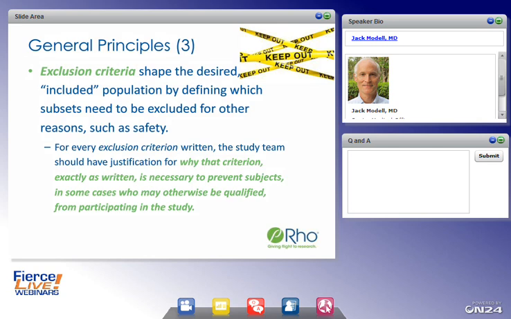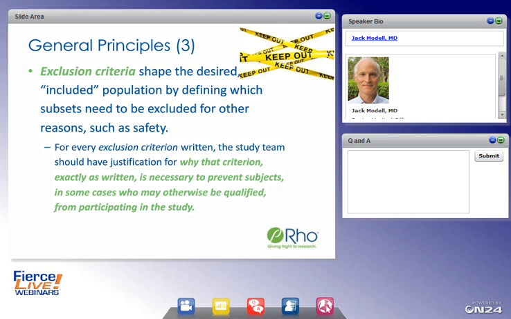And like for every inclusion criterion written, for the exclusion criteria you now need to go through and ask why that, exactly as written, is necessary. Not to include subjects, but in this case, think about it as preventing subjects who in some cases may otherwise be qualified from participating in the study. And very often there's good reason.